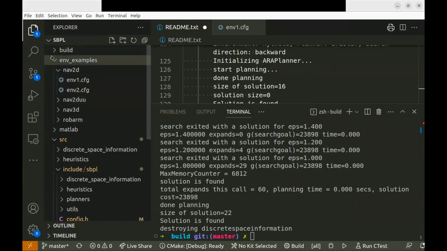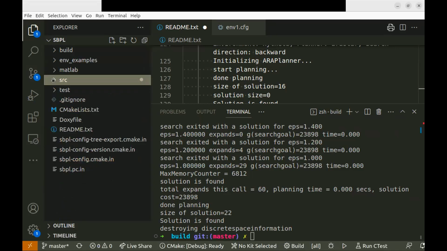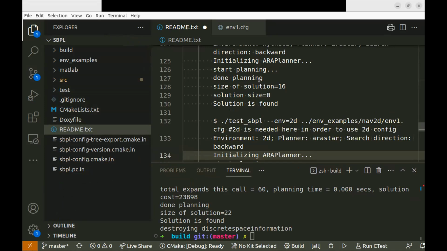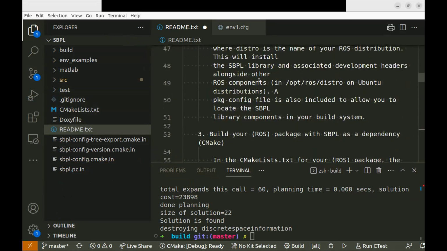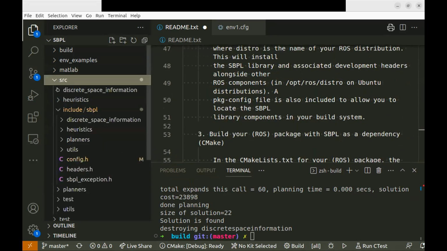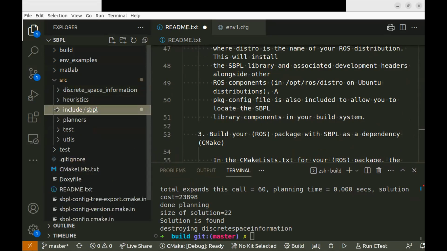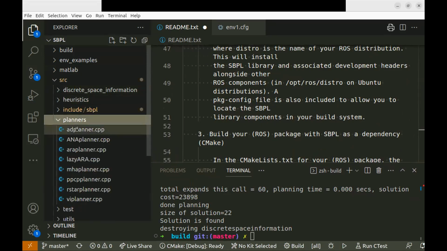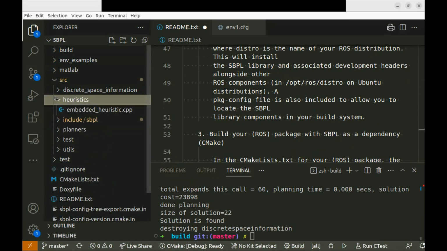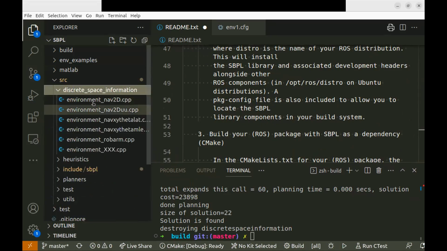Okay, so here's just the SBPL repository as you can download it. There's a little README as well that you can read, which describes how to run it. The source is very easy to follow. You can see here it's just one CPP file for each of the planners. There are also some utilities, and all the environments that they have are in a subfolder.